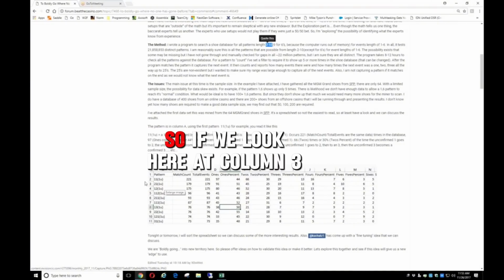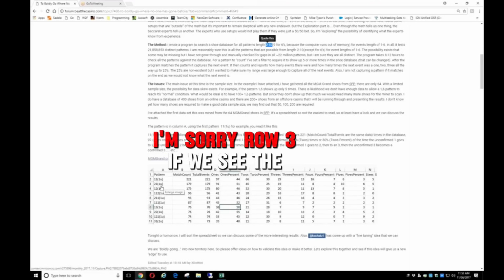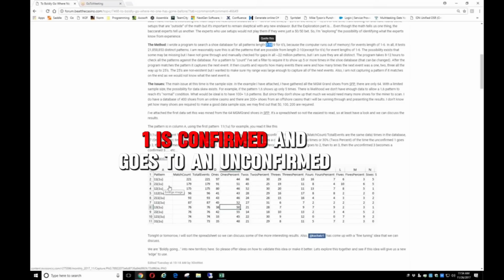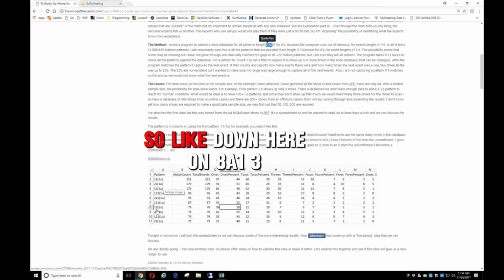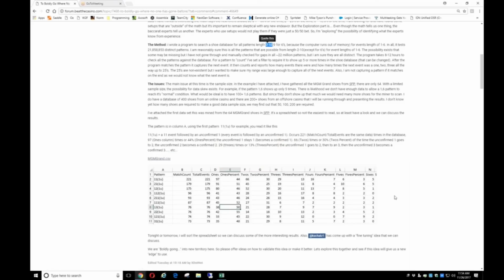So if we look here at row 3, if we see the 2, 1, then this 1U means the 2, 1 is confirmed and goes to an unconfirmed 1, no matter what it is. Gotcha. Yeah, so like down here on row 8, a 1, 3, a confirmed 3, turns into an unconfirmed 1. So that's what that is.